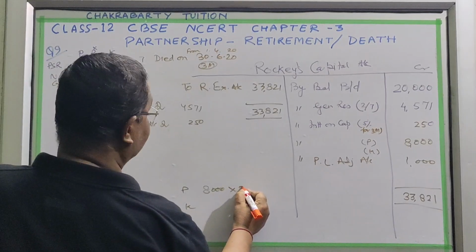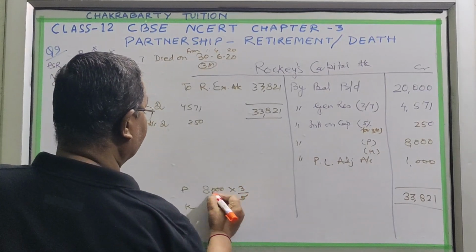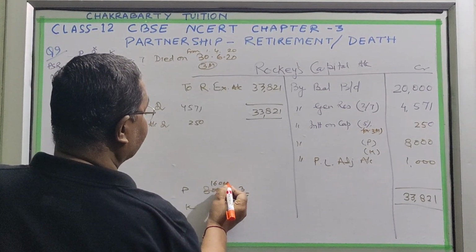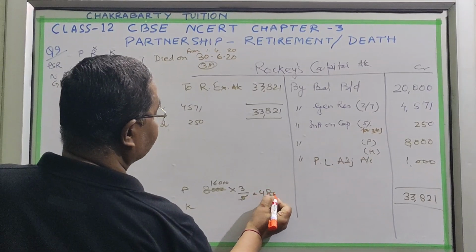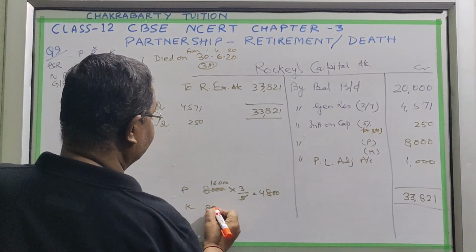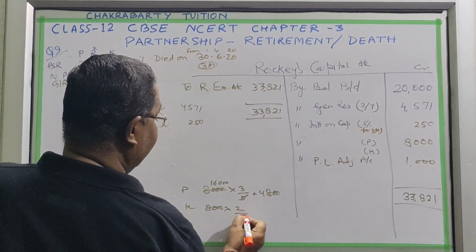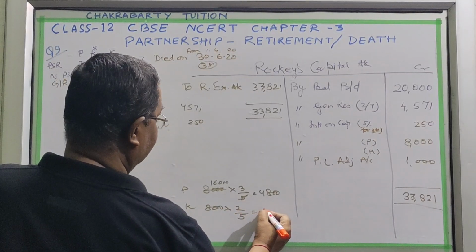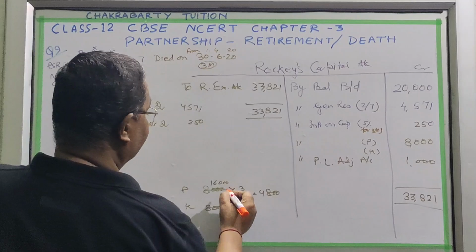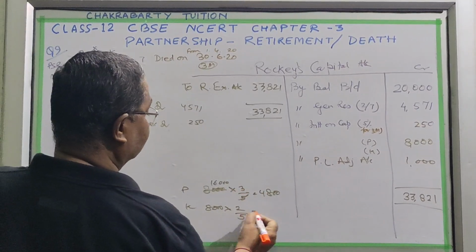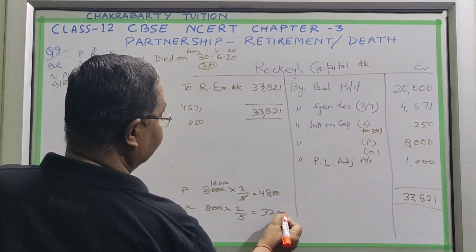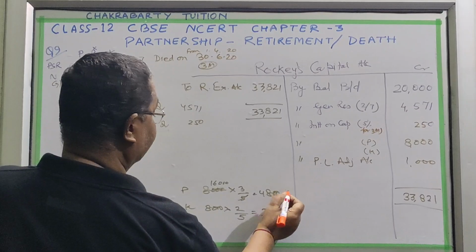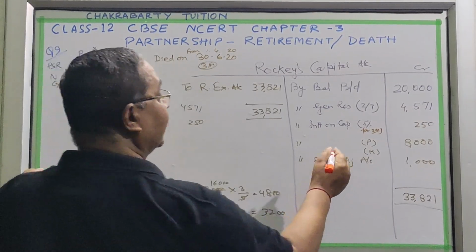So P has to pay 3 upon 5, which is 16 × 3 = 48,000. And the other will get 2 upon 5, which is 16 × 2 = 32,000.